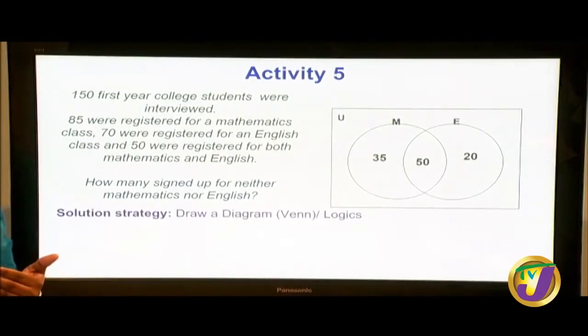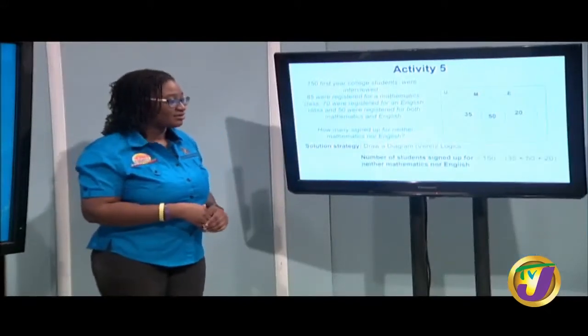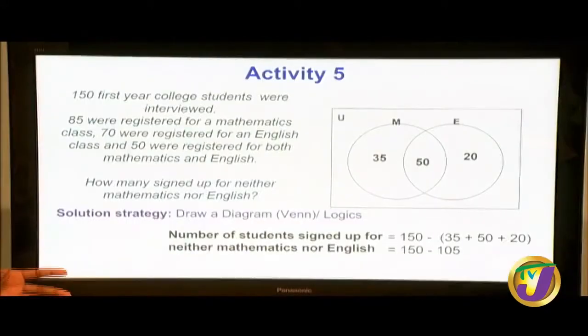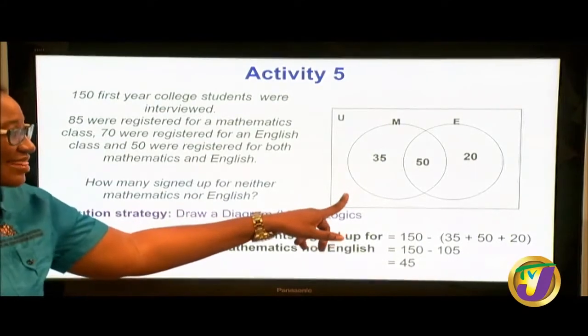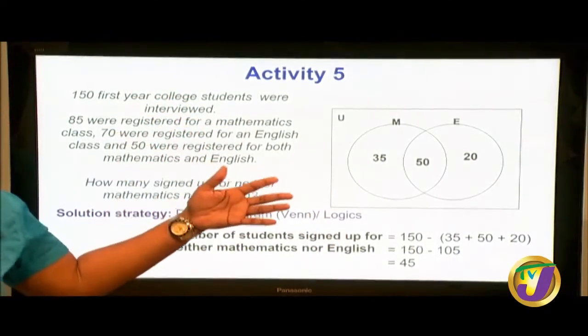Because it's 150 students and I have 105 students in the Venn diagram already. So I need to take out that 105 out of that 150 and the remaining students, that 45, must be those who registered for neither math nor English.